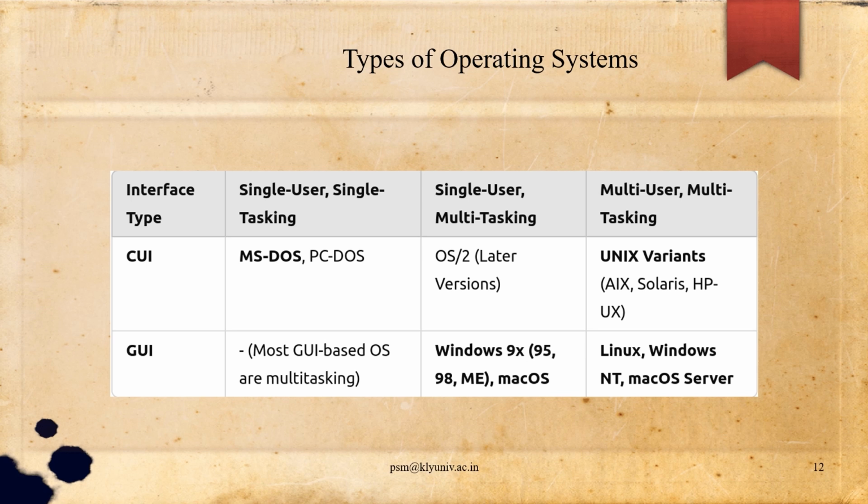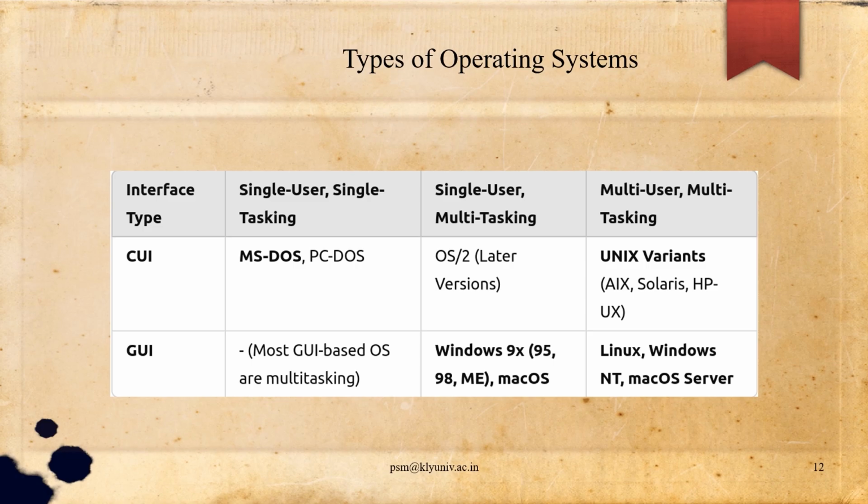And CUI, multi-user multitasking: the best example possibly is Unix. The Unix operating system started a history in computer systems. The entire internet, entire network you are accessing, most of the servers are based on Unix operating system or Unix-like operating system. But Unix was character user based. It was not available in GUI format.